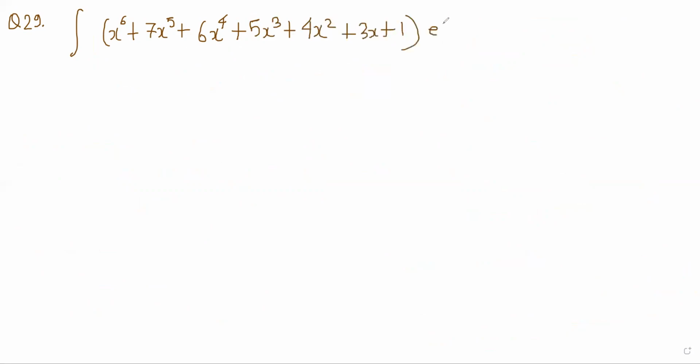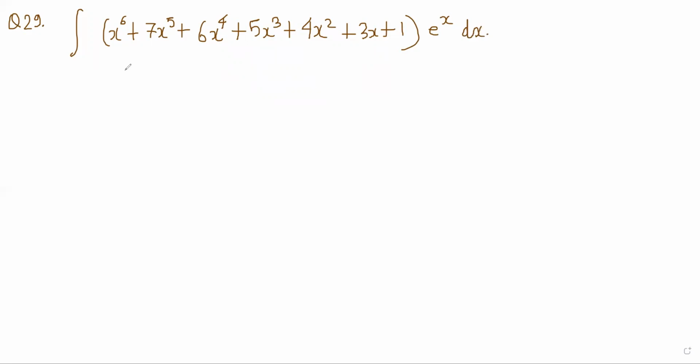Question number 29. This question is this one: integral x power 6 plus 7x power 5 plus 6x power 4 plus 5x cube plus 4x square plus 3x plus 1 into e power x dx.